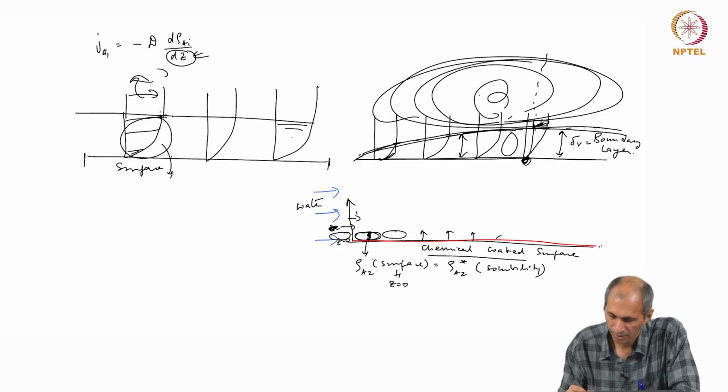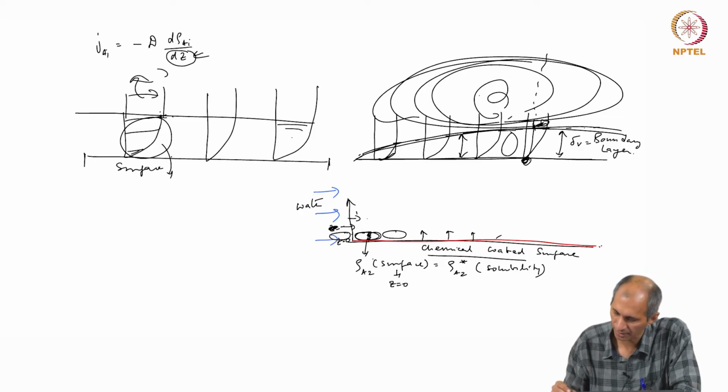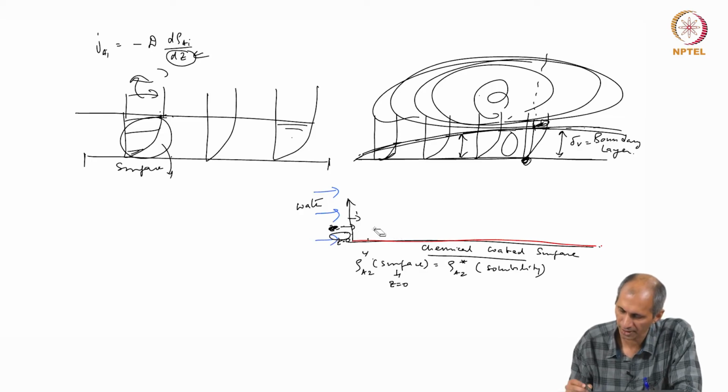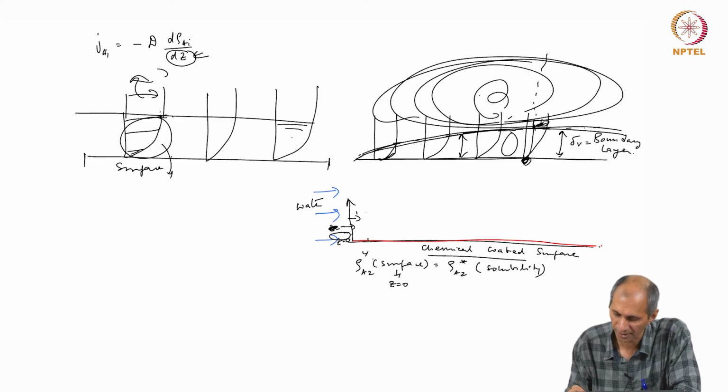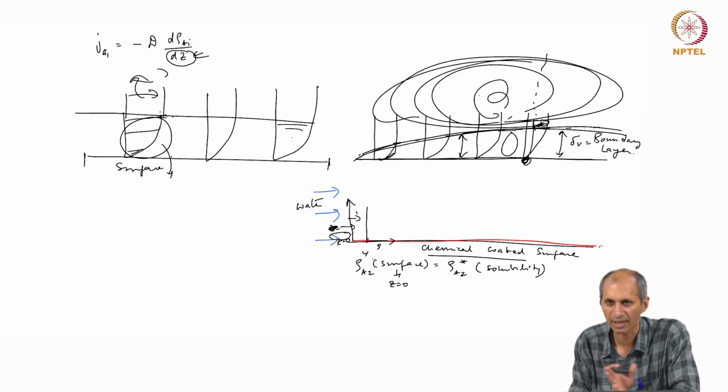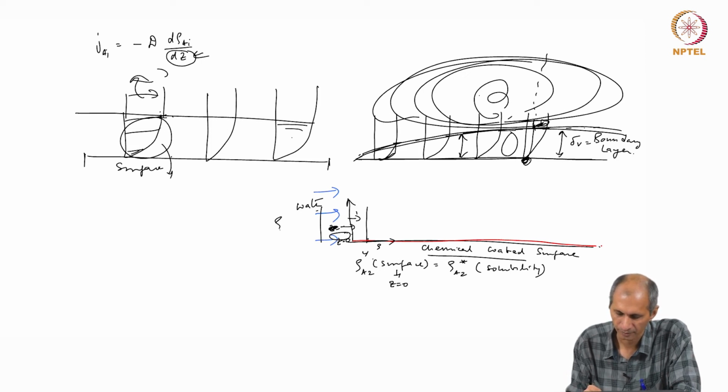So what will happen here is, just like you had a velocity gradient, you have a concentration gradient. If I draw the concentration gradient, this is rho A, a scale in this direction, like the velocity, the length of the arrow indicates the magnitude of the concentration. Right here there is nothing, rho A at infinity, let us assume it is 0.